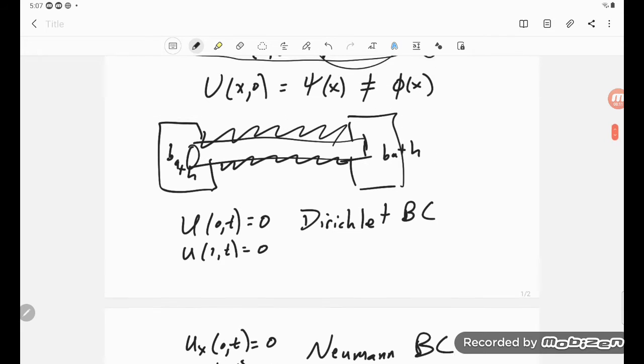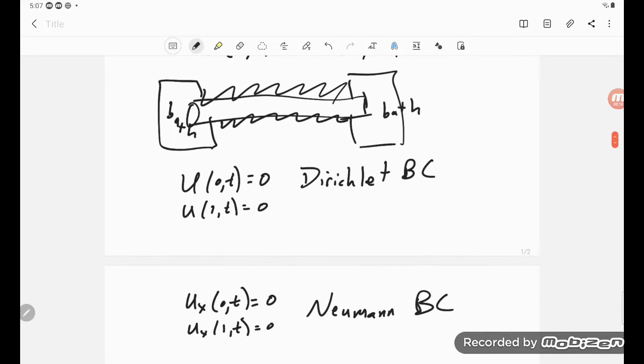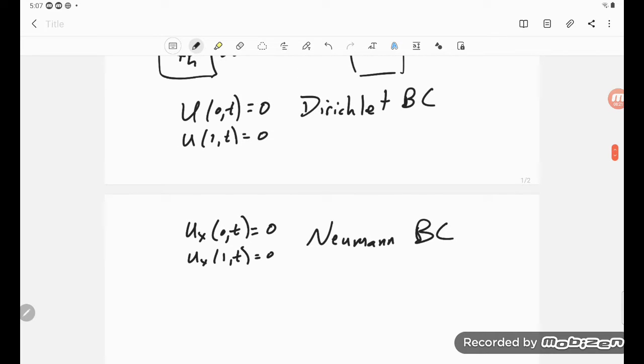Okay, so we can have these mixed ones here. That would be the bath again. And then we can either have the Dirichlet boundary conditions or the Neumann boundary conditions, or some mix thereof, right?